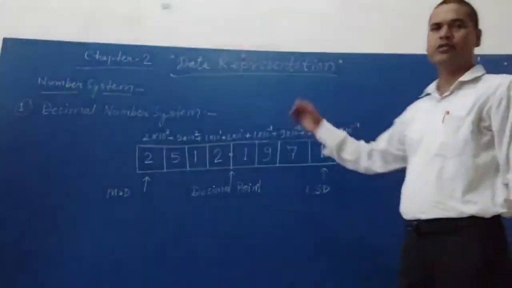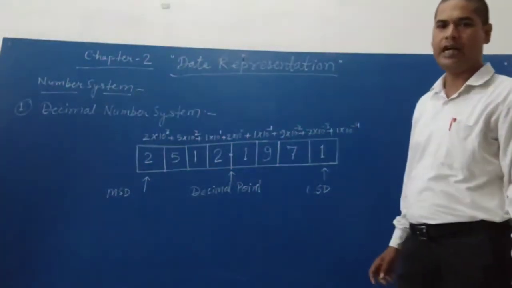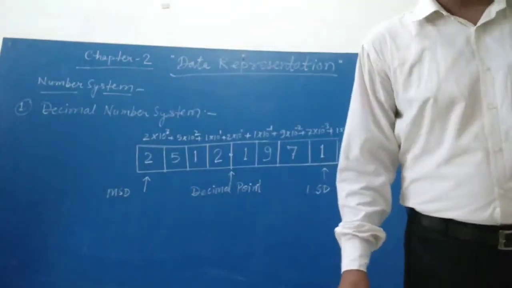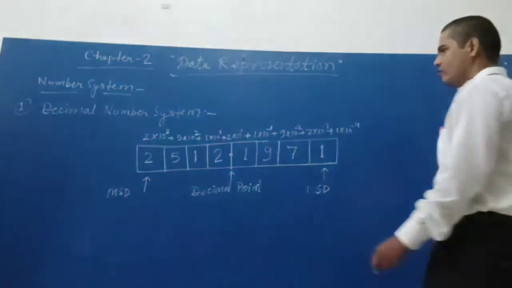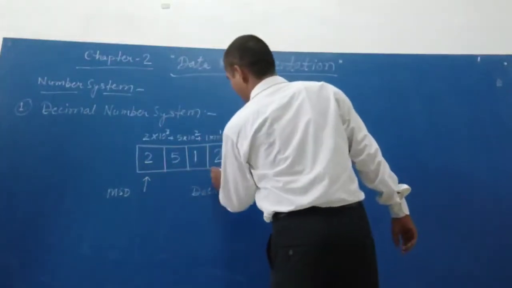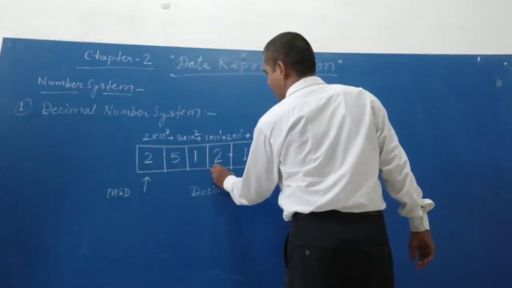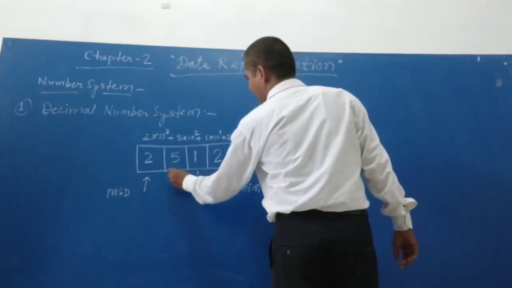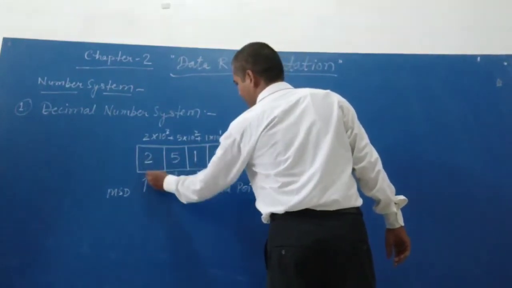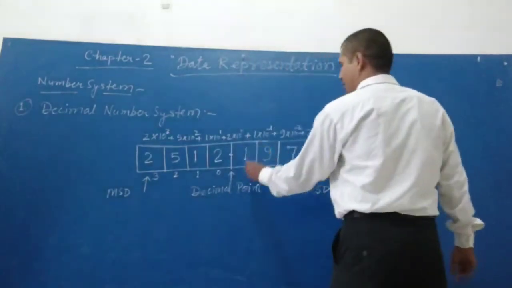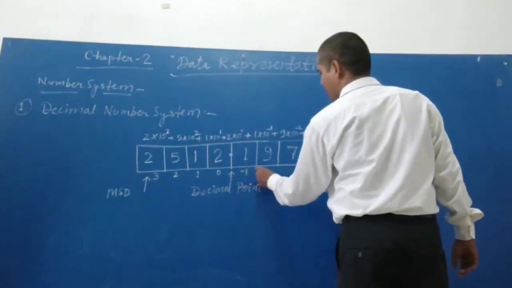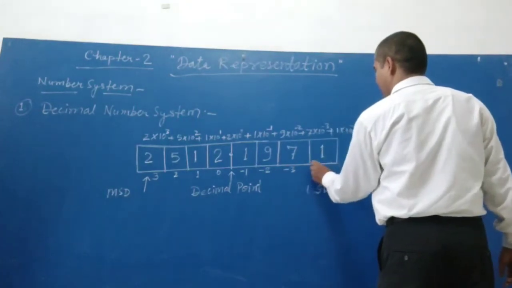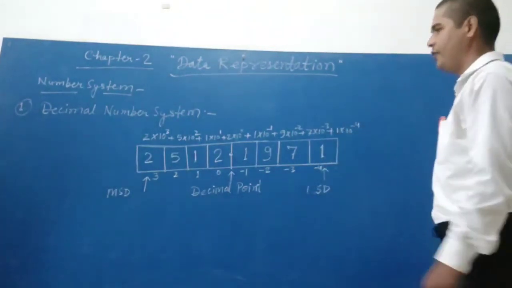These are the positional values that we represent in the decimal number system. Its position is 0, its position is 1, 2, 3. In the same way, its position is minus 1, minus 2, minus 3, and minus 4.